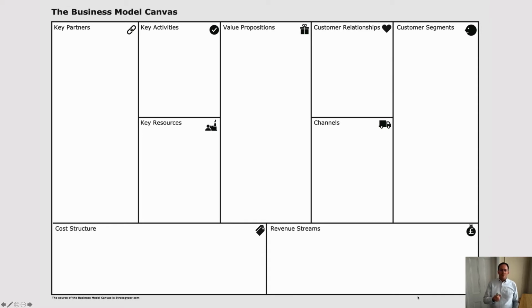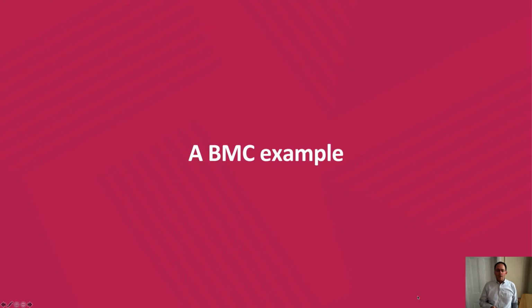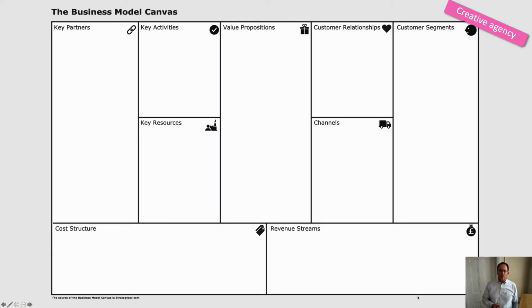So hopefully that's helped you understand what the business model canvas is about. This is a version of what you should have in front of you. And I think the best way of helping you to understand how this works is to take you through a worked example. So let's introduce you to a creative agency.